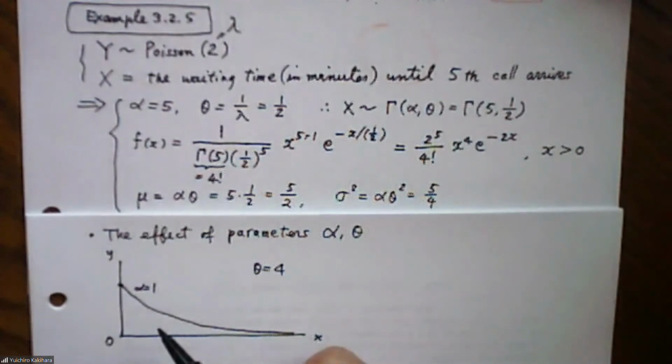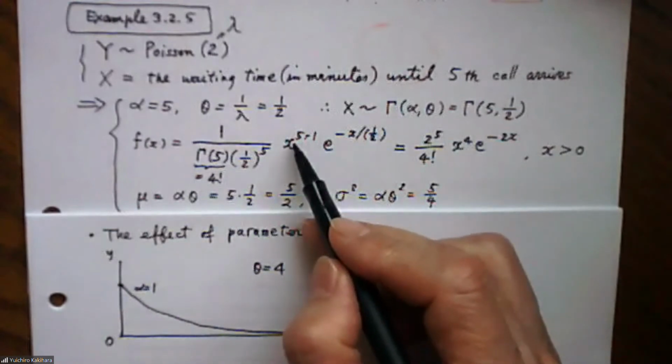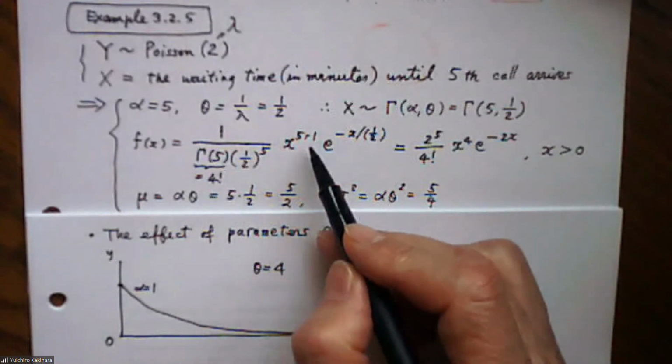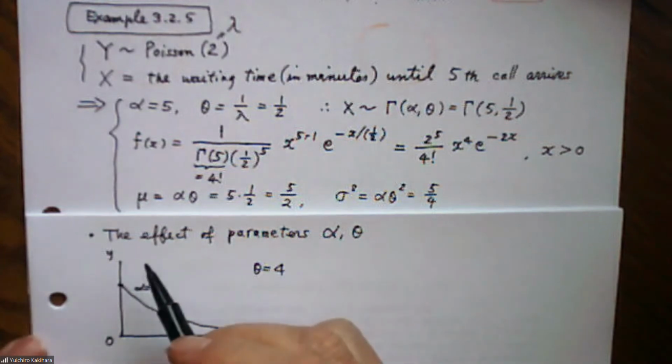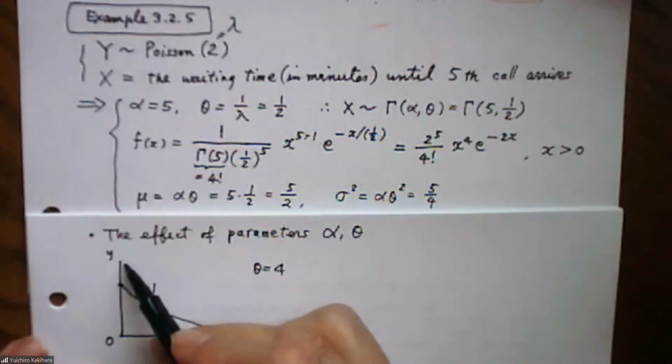Alpha is equal to 1/4. This is x to some negative number. So when alpha is equal to 1/4, the graph goes to infinity as x approaches 0. So the graph goes something like this.